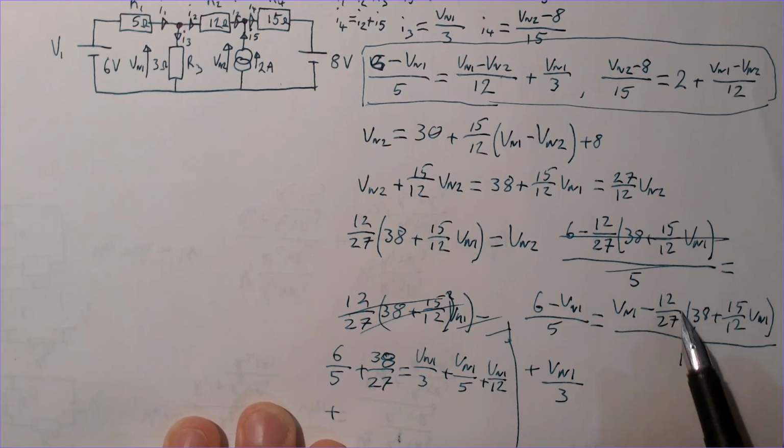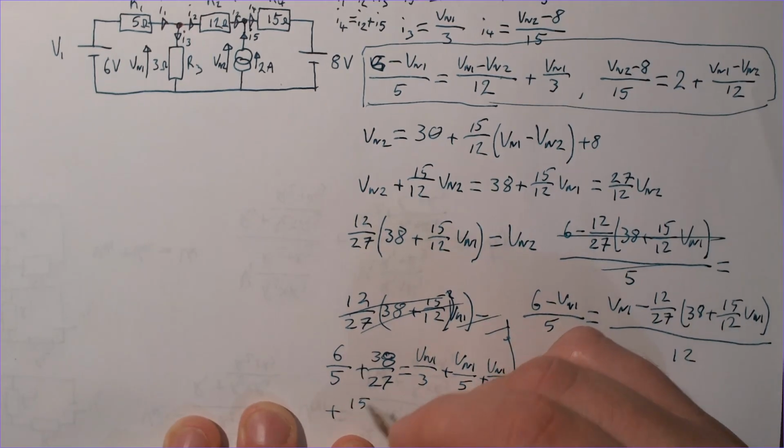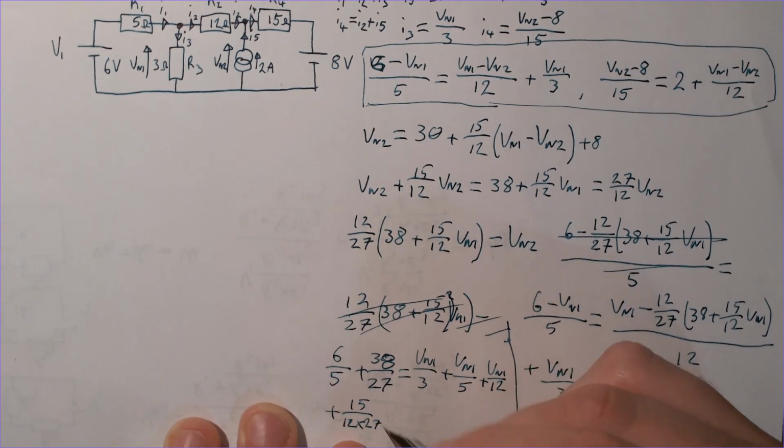That's the over 12, so 1 over 27, so 15 over 12 times 27 Vn1.